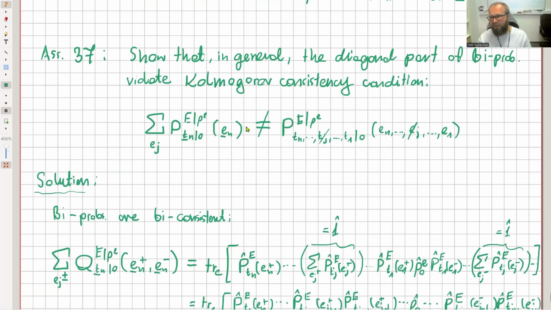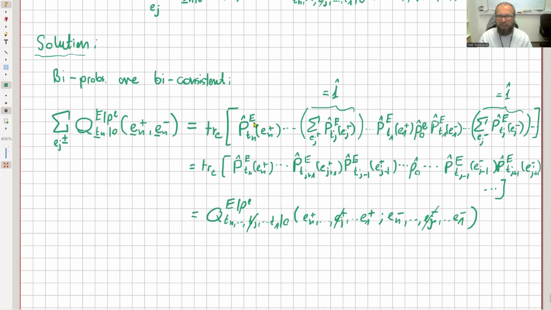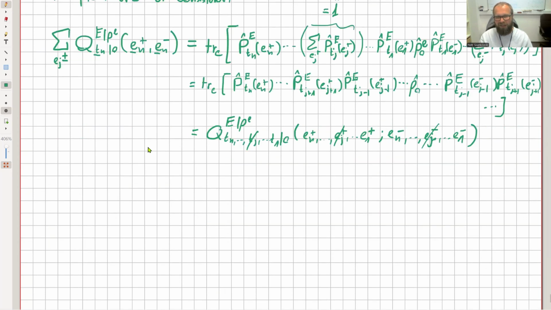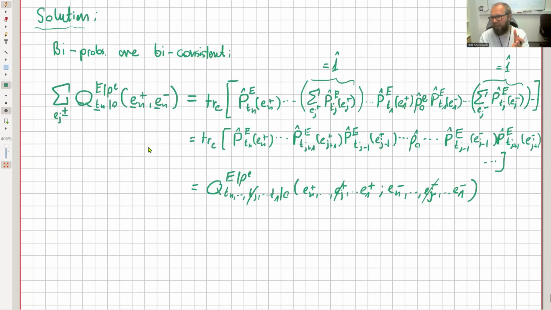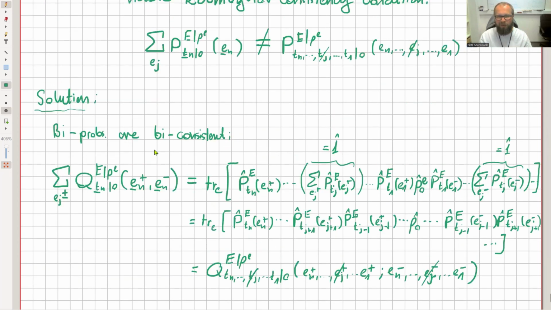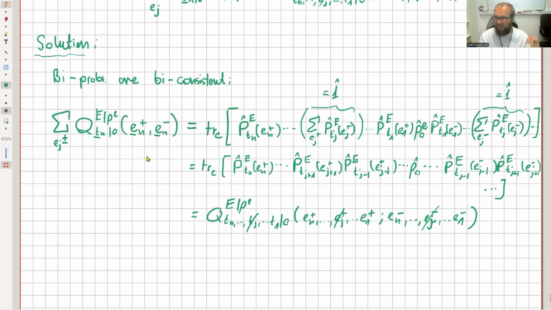If this would be satisfied, this would lead you to the stochastic process, right? So the unitrajectory distribution, and so is biconsistency. This is what's necessary to get a bitrajectory distribution. It's not sufficient. There is one more condition to satisfy on top of biconsistency, but it is necessary at least.